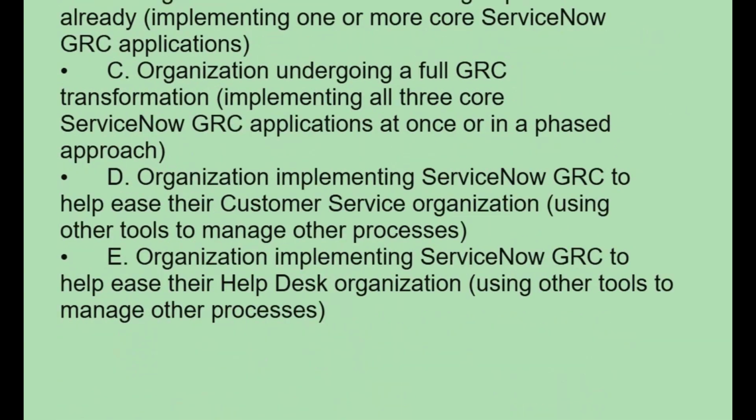Option C, organization undergoing a full GRC transformation, that is implementing all three core ServiceNow GRC applications at once or in a phased approach. Option D, organization implementing ServiceNow GRC to help ease their customer service organization, that is using other tools to manage other processes. Option E, organization implementing ServiceNow GRC to help ease their help desk organization, that is using other tools to manage other processes.